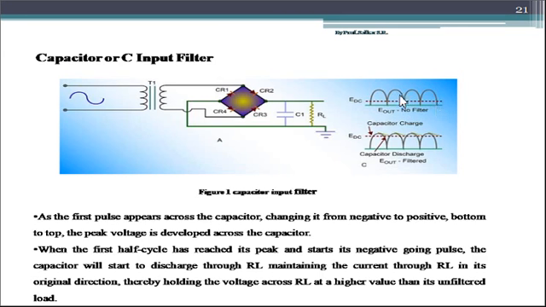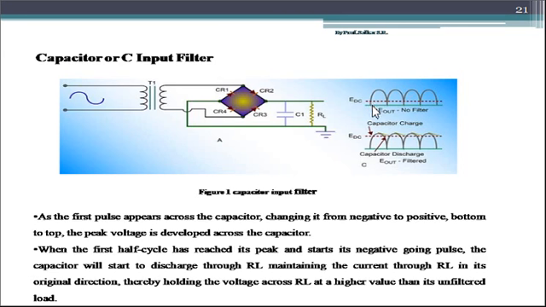To remove this AC signal, we connect a capacitor in parallel with the rectifier. Now this waveform starts passing through the capacitor, and while traveling through the capacitor, the waveform travels in two ways.